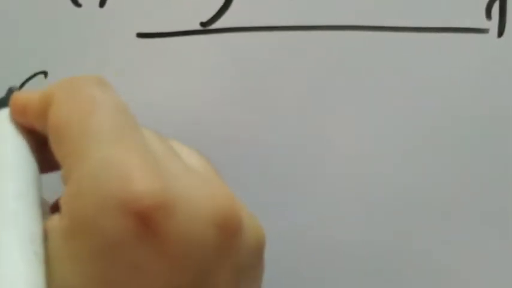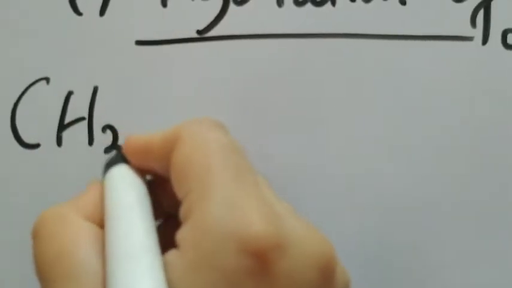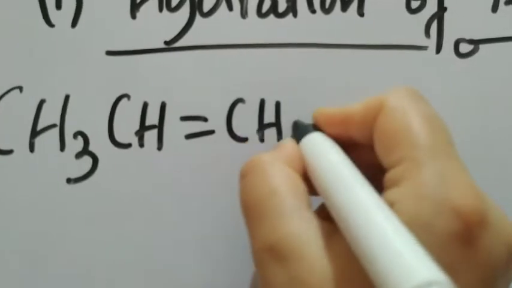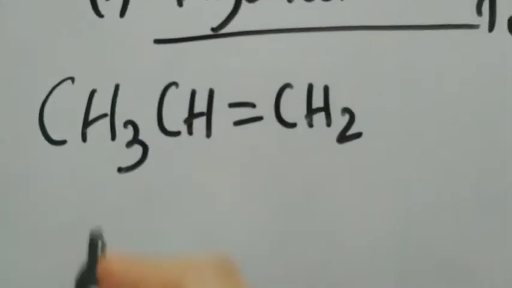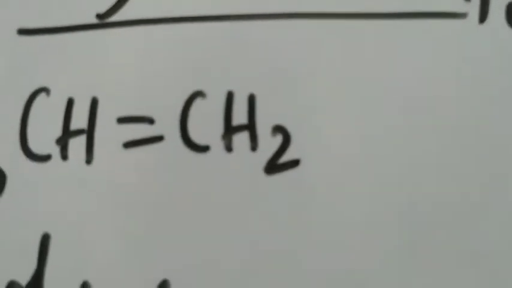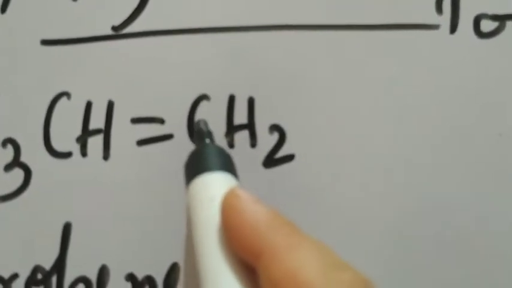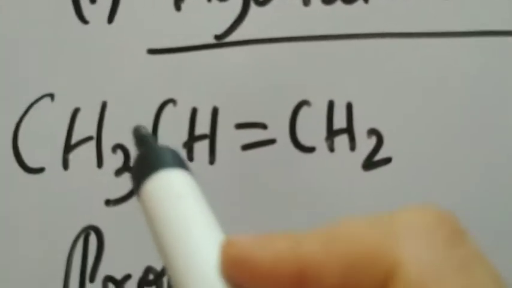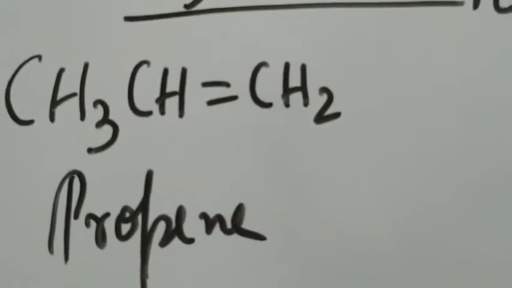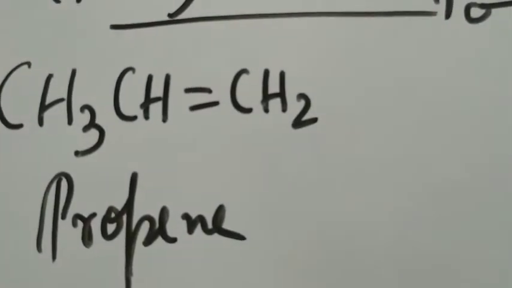The unsymmetrical alkene we are taking here is CH3CH=CH2. This is propene, and the double bond here is between these two carbon atoms, but you can see this carbon is linked to two hydrogen atoms. However, this carbon is linked to one hydrogen and one alkyl group. Therefore, this is an unsymmetrical alkene.